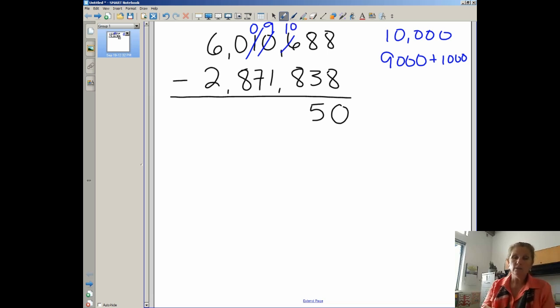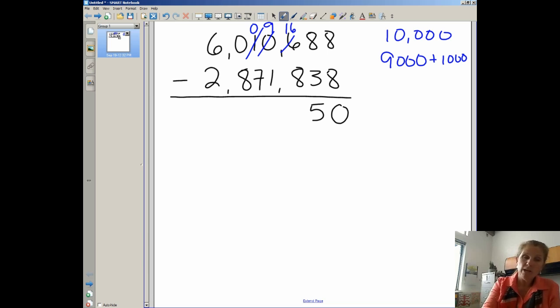I already had 6. Made a mistake there. So I already had 6 and I gave it 10, so I have 16 there, not 10. So that's what happens. That 10,000 became 9,000 and 1,000, and I added on to those columns.